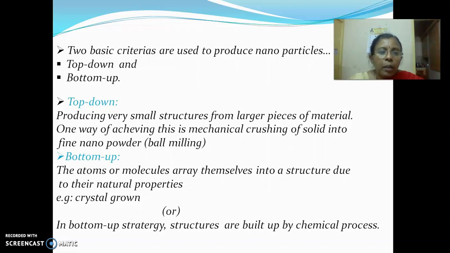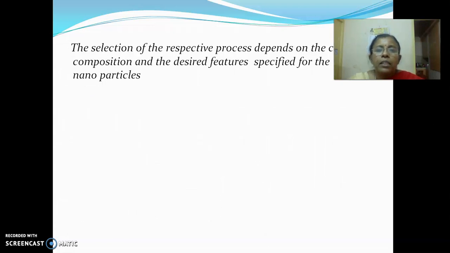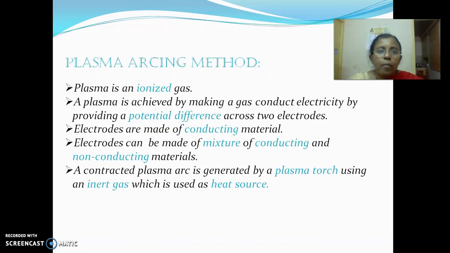The other one is the bottom-up approach, in which the atoms or molecules arrange themselves into a structure due to their natural properties, for example crystal growth. In bottom-up, structures are built up by chemical processes. The selection of the respective process depends on the chemical composition and the desired features specified for the nanoparticles.